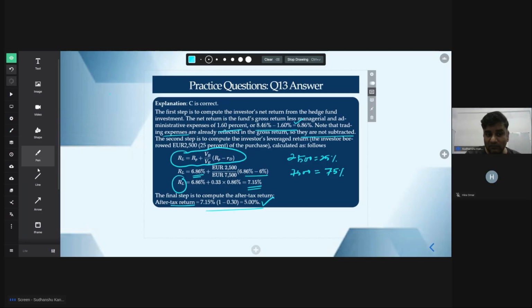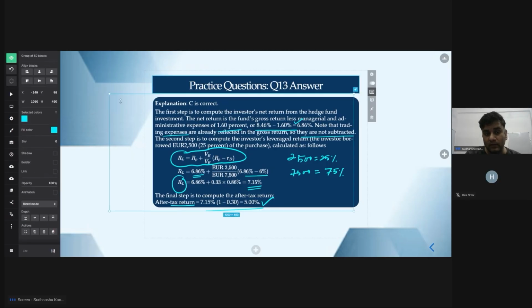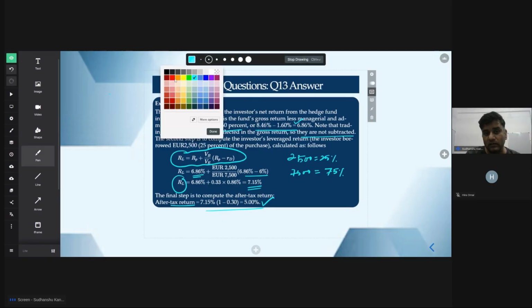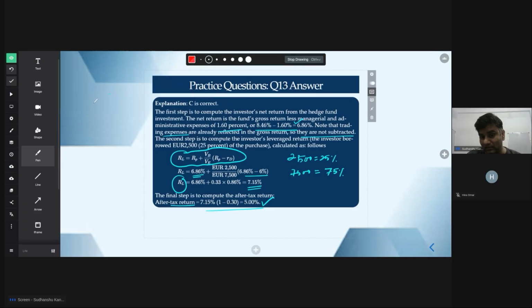Now, by my way, what I told you earlier, you can calculate that way also. It's not difficult, to be fair. If I do it the other way, which we saw: R into (V naught plus VB), minus RB into VB, divided by V naught. What is the R here?